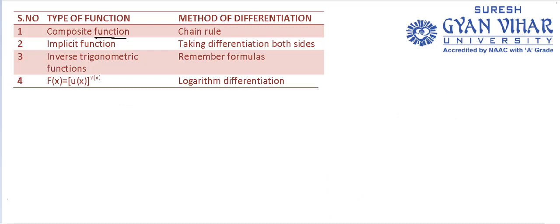Basically, an implicit function is one where the equation is not written in the standard form. For example, what we have studied is f of x equals x plus 2, which can be represented as y equals x plus 2. This is your standard format.